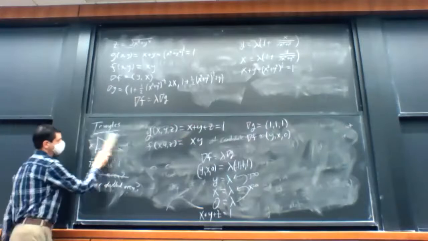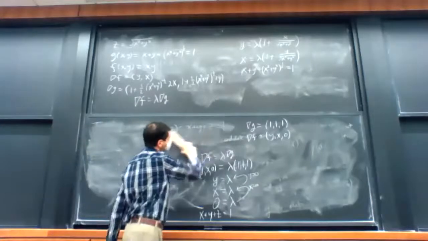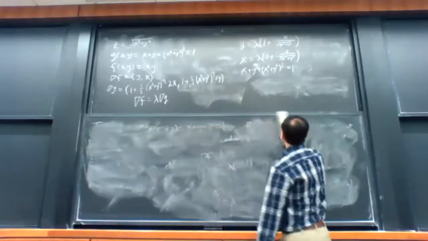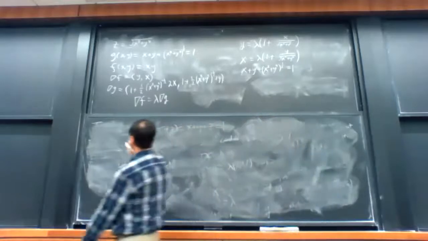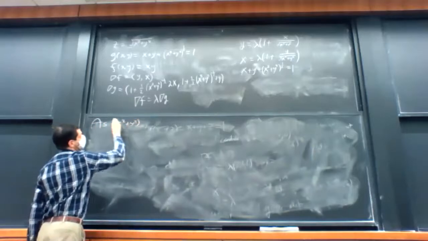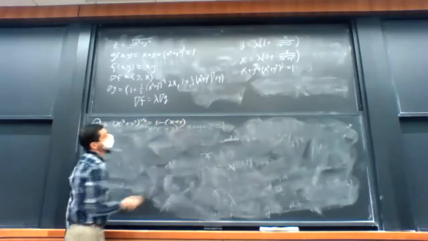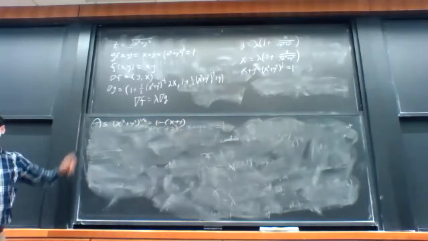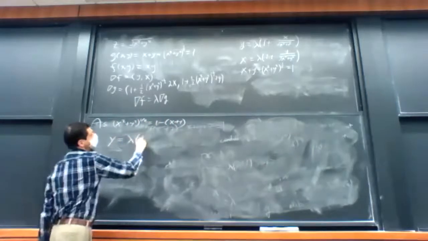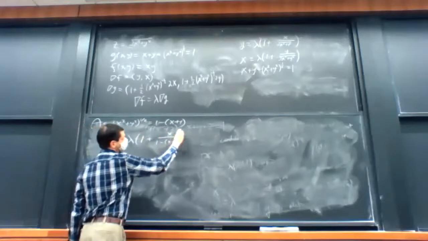Okay, so how can I do that? Good. So one thing is I could immediately use the third equation to remove the square roots of x squared plus y squared down below. And I could say x squared plus y squared to the 1/2 equals 1 minus x plus y. I can use that equation to simplify some of the stuff up above. And I get y equals lambda times 1 plus x over 1 minus x plus y.